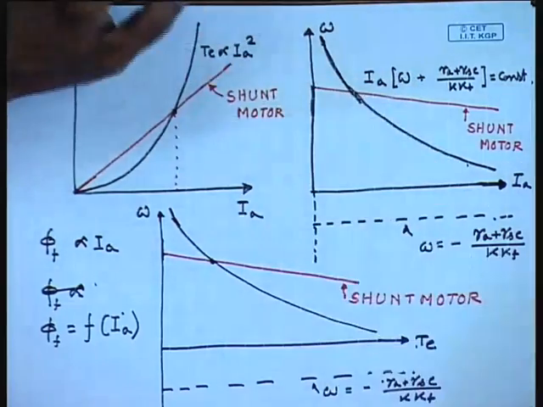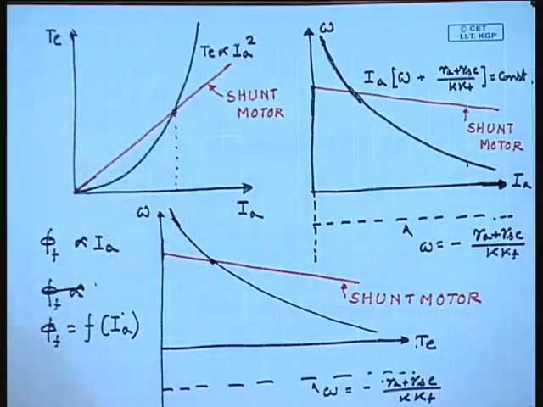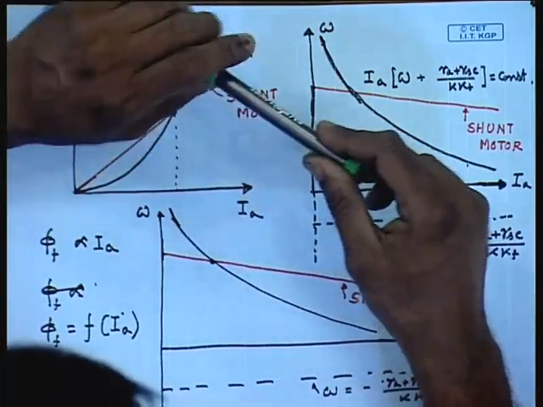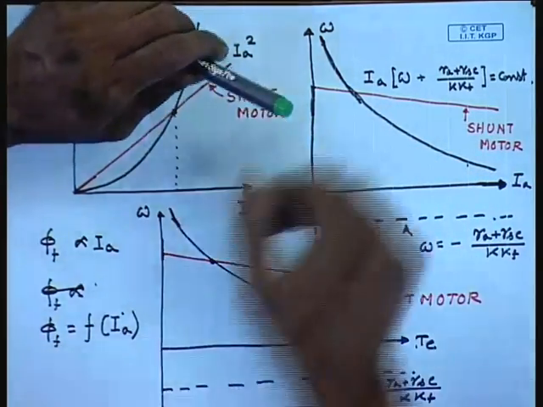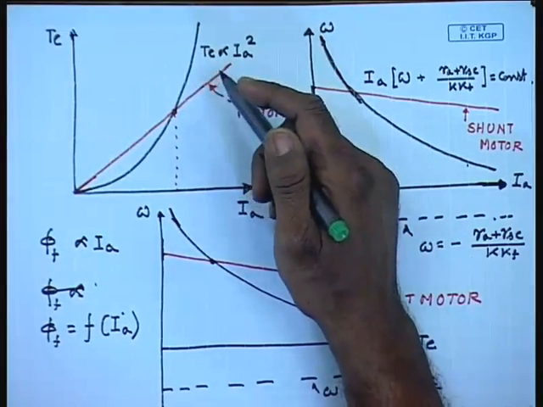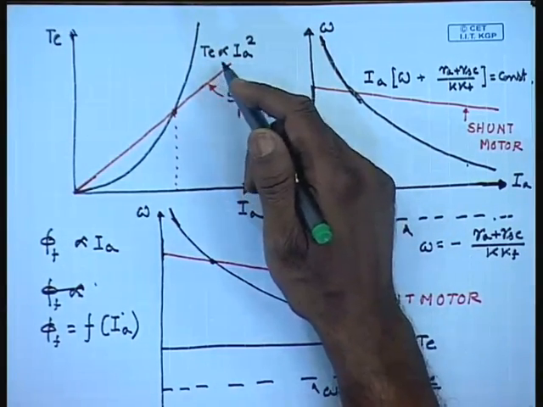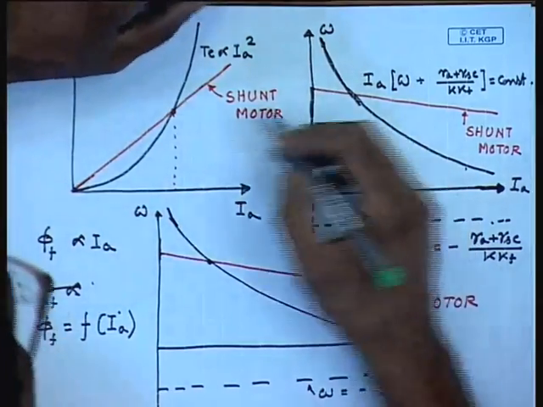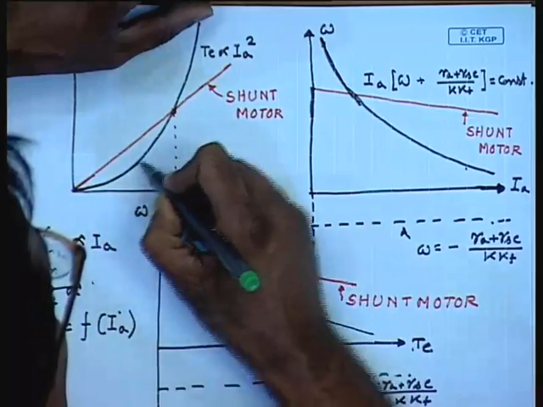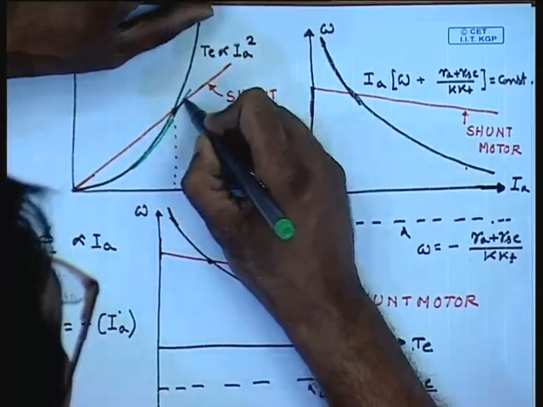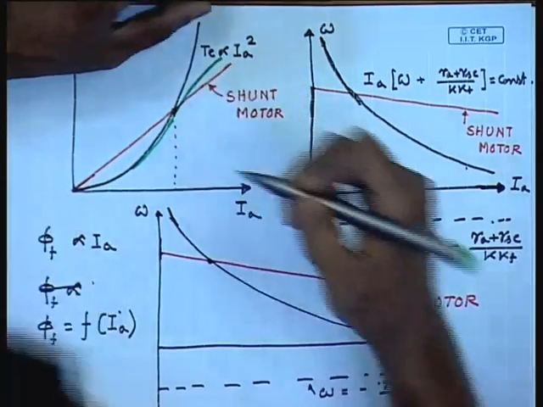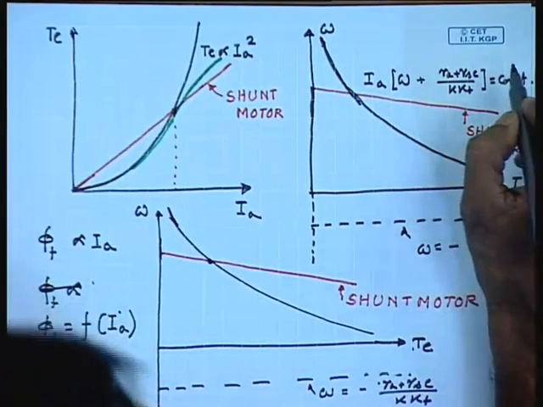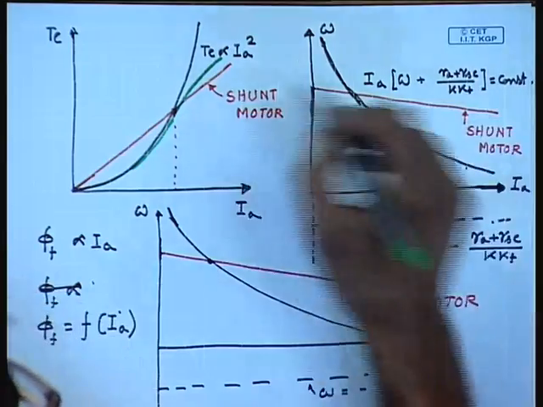If we take saturation into account, then these characteristics get modified to some extent. For example, this torque current characteristics more or less approaches the shunt characteristics for large values of current.